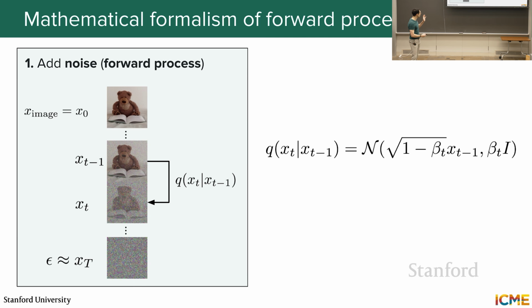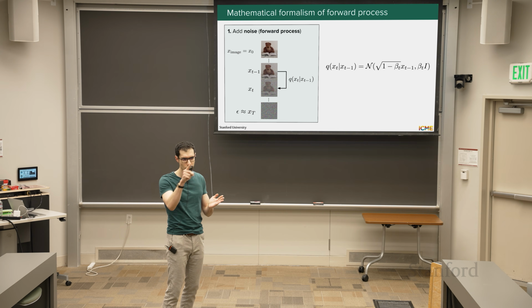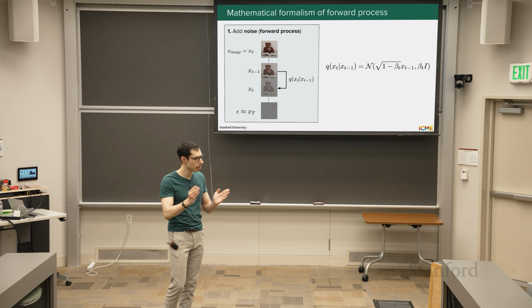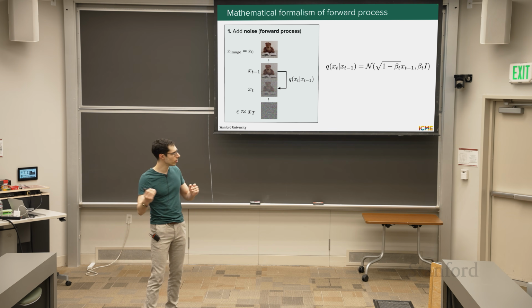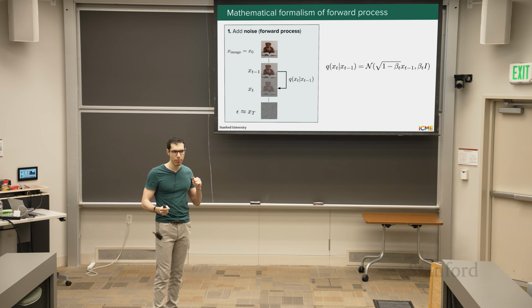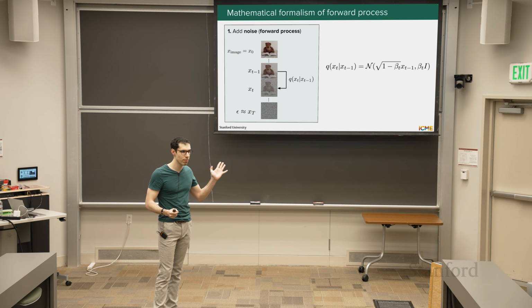So we can express Q of xt, the noisier image given the less noisy image, as a normal distribution centered on that less noisy image with some coefficient, where you add some noise represented by the covariance matrix beta t times I.